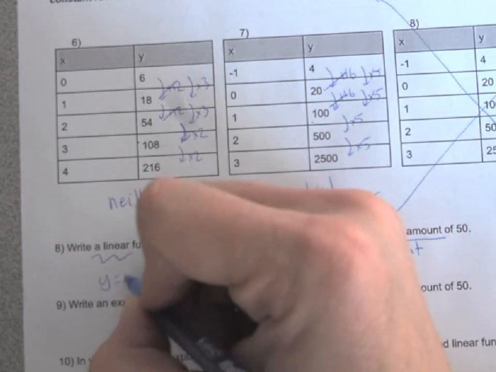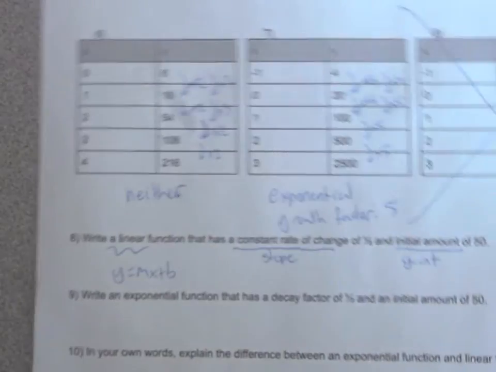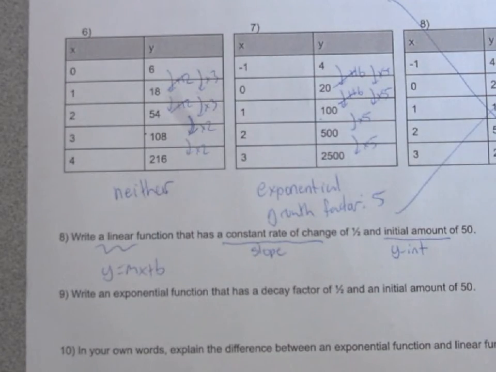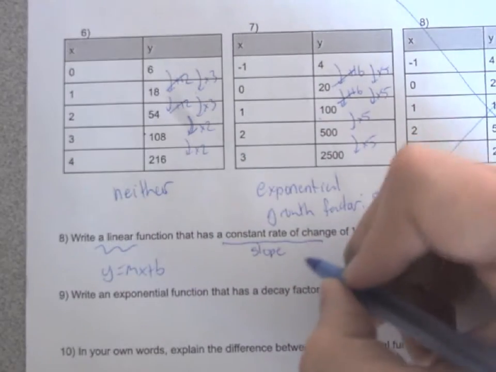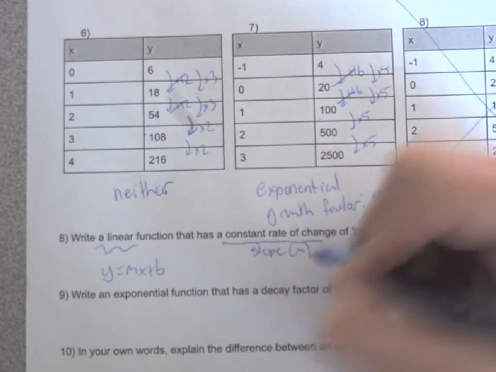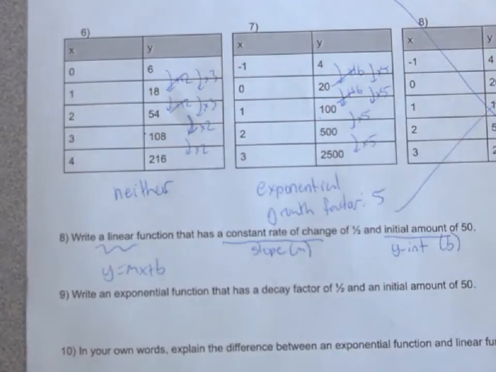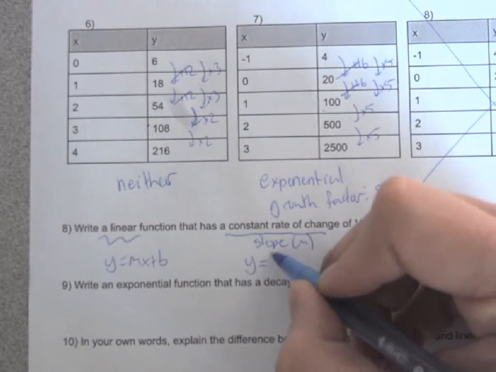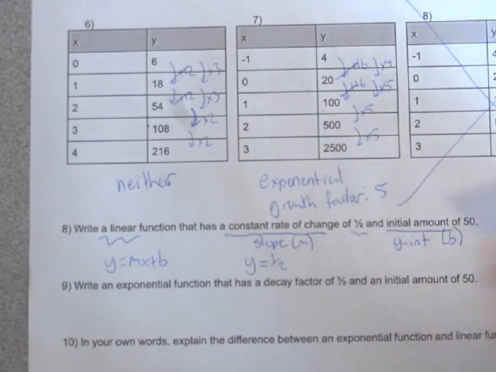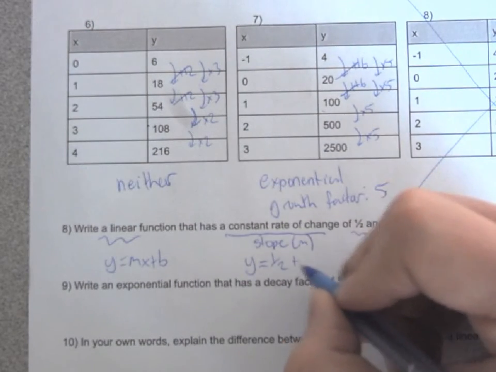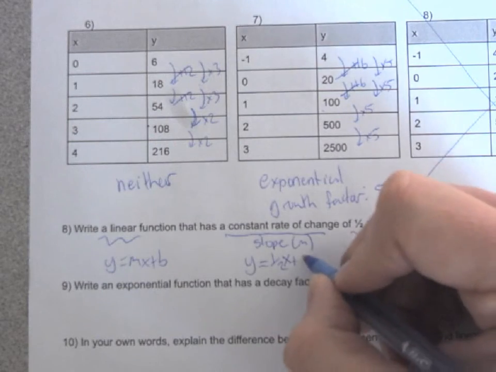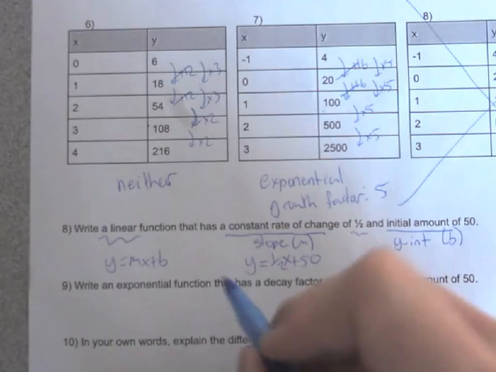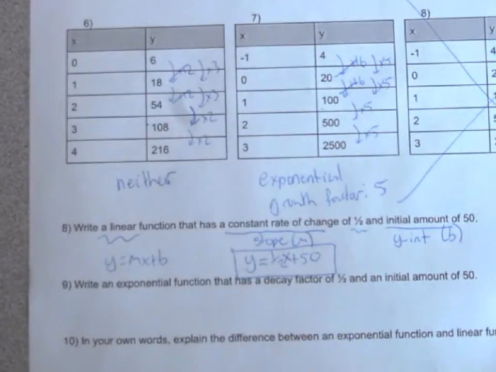So y equals mx plus b is the format that we're looking for. Slope is m, y-intercept is b, and we just need to fill in the pieces. So y equals 1/2 x plus 50. We need an x in there. So we're using slope-intercept form.